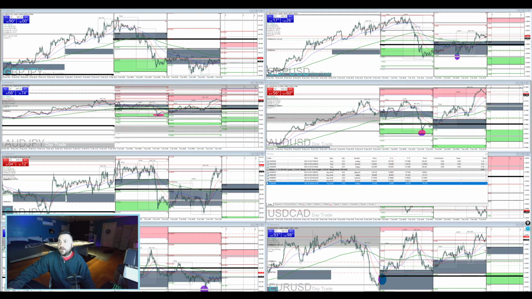Okay, and then take profit is 82.98. And then stop loss is 79.095.